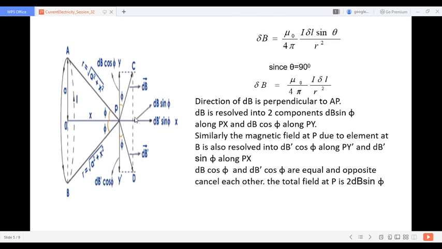So the total field at the point P is due to the two horizontal components, that is dB sin phi and dB dash sin phi, which together give the total magnetic field at the point P as 2 dB sin phi. Here, if we substitute the value of dB, we get 2 times mu naught I divided by 4 pi dl sin phi divided by r square.